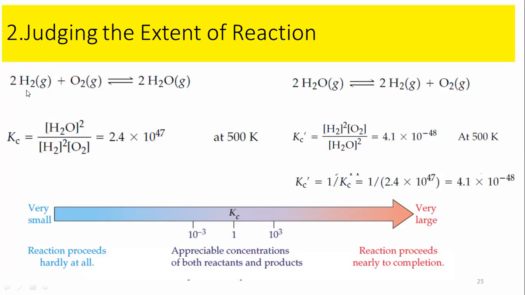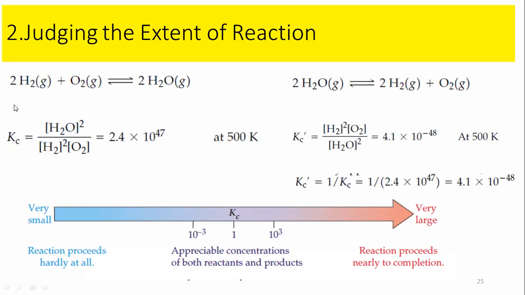Look at the first one. This is the formation of water by the reaction of hydrogen gas and oxygen gas. And if I write the equilibrium constant, it is the product divided by the reactants to the power of the coefficients given over here.